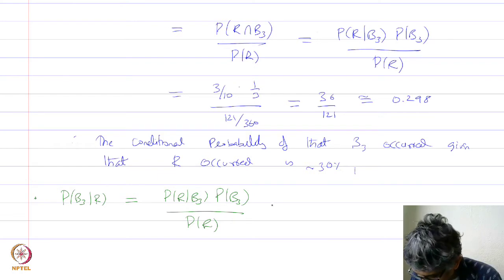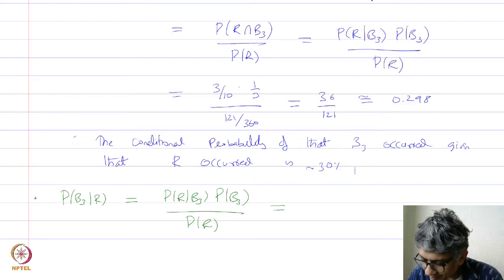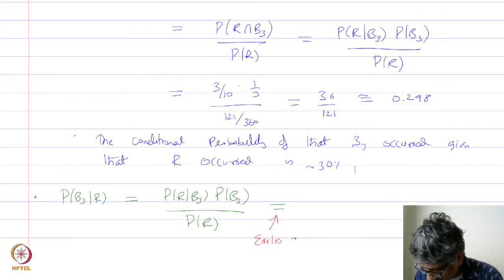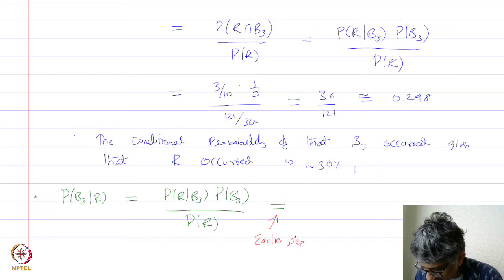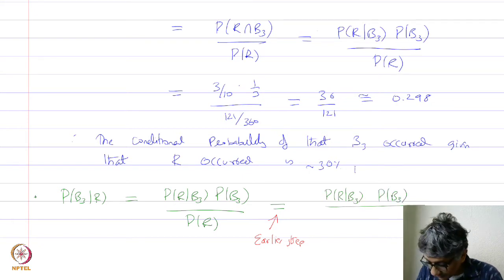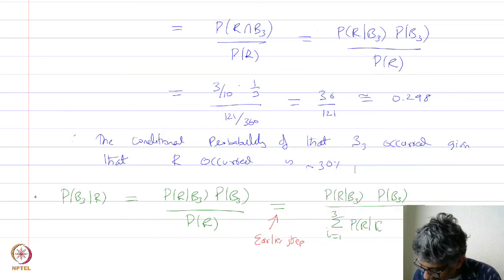Then if you notice, in the earlier step, the top we had probability of R given B3, that we already knew, and probability of B3. And to calculate probability of R, we had done this as the summation, i equal to 1 to 3, of probability of R given Bi times probability of Bi.